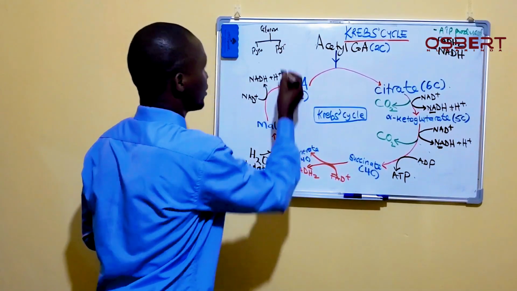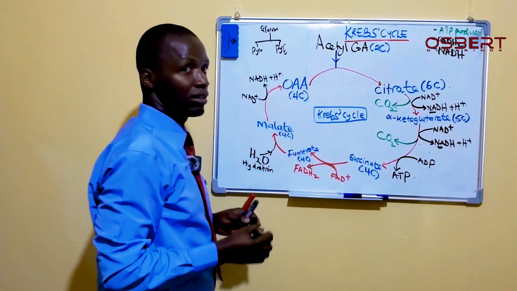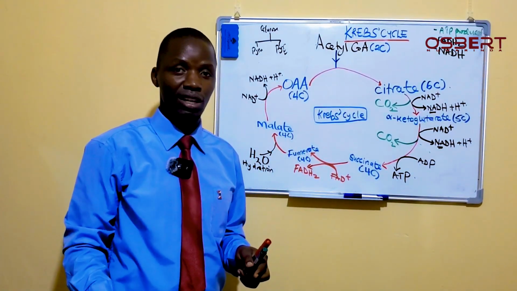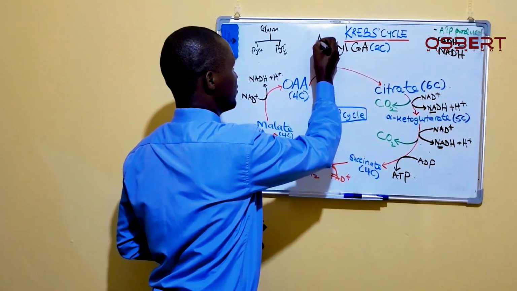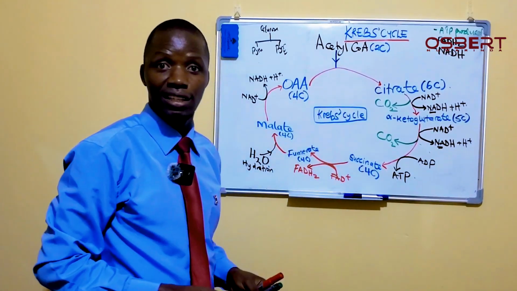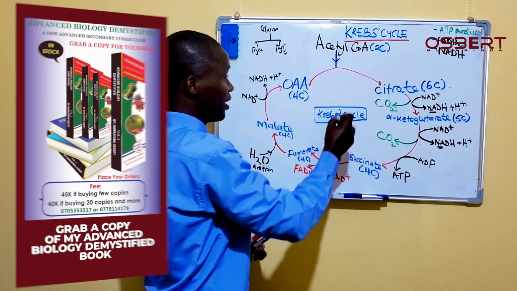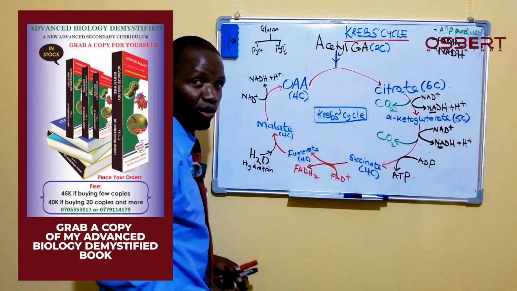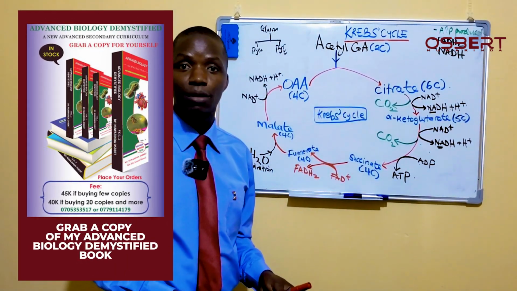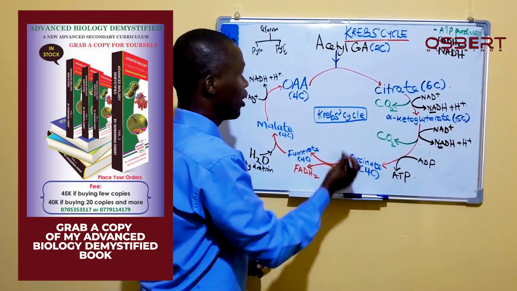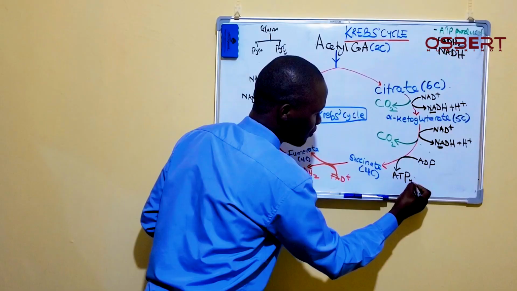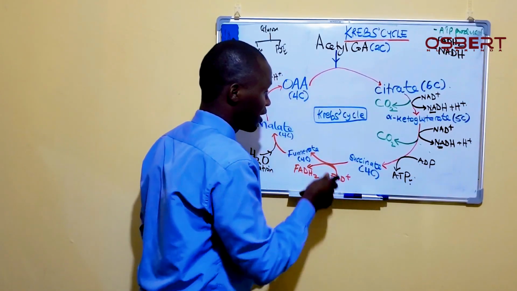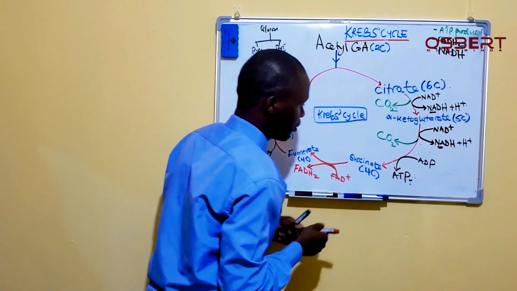Now, each pyruvate undergoes a link reaction. After undergoing a link reaction, it forms acetyl what? Acetyl coenzyme A. And then acetyl coenzyme A comes into this Krebs cycle. And after coming into the Krebs cycle, for each pyruvate, we are forming one ATP. Another very important molecule we are forming.